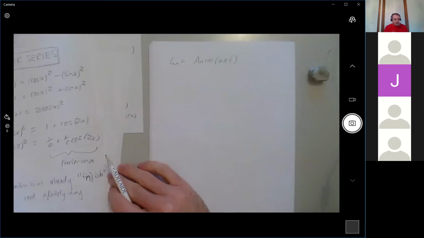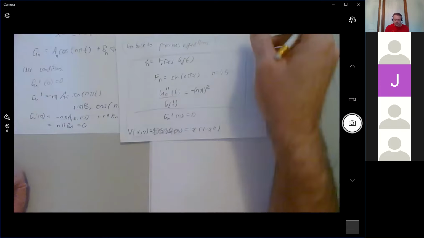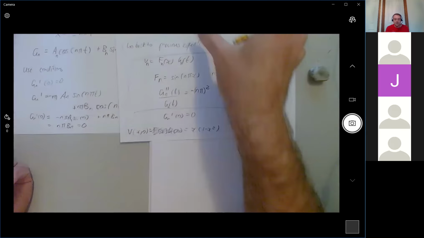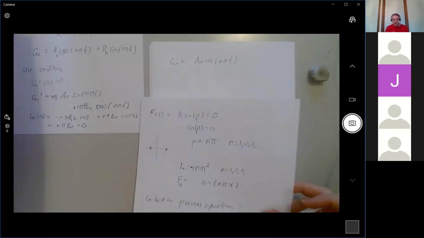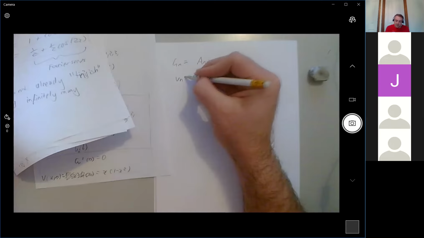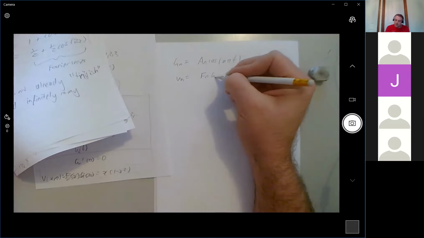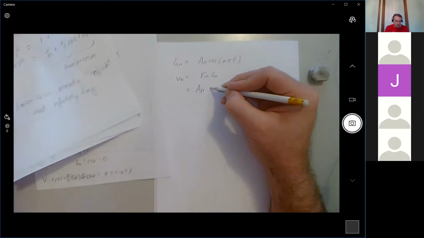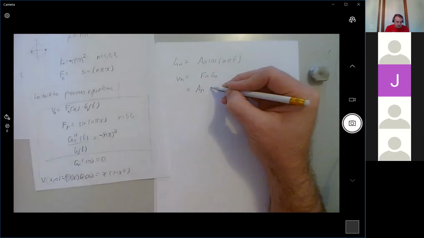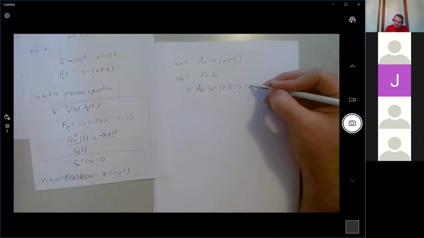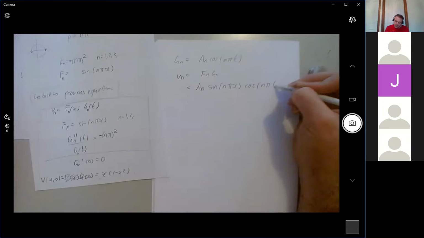And our final condition, as I said, refers to the entire function v. And so I'm not going to be able to do it just based on the individual n's. I'm going to have to put them back together. So Vn is Fn times Gn, which is An, what was Fn? Sine of n pi x cos of n pi t.